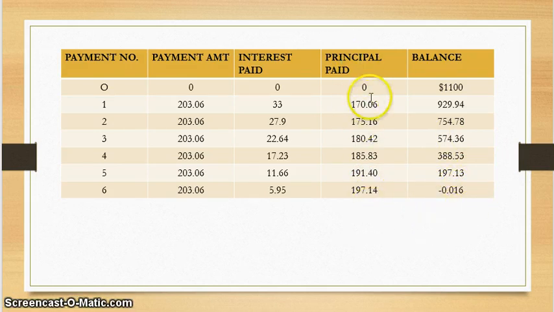When you add up your principal paid, it must add up to $1,100.